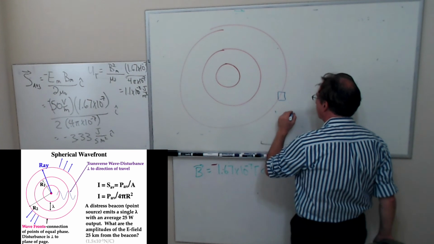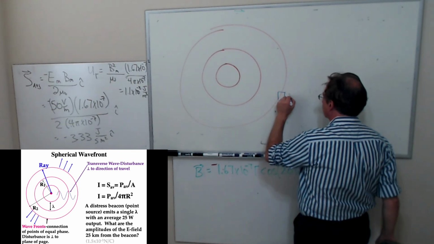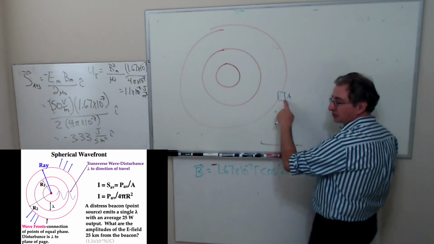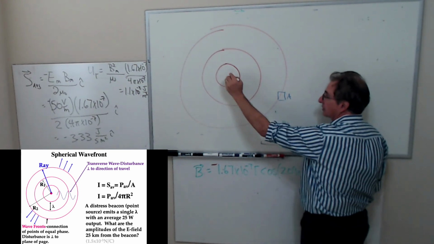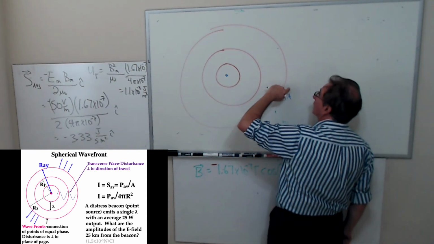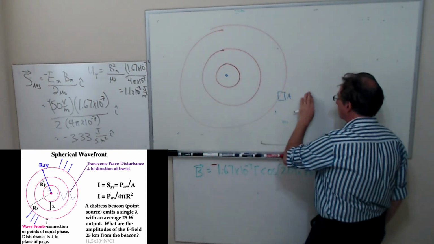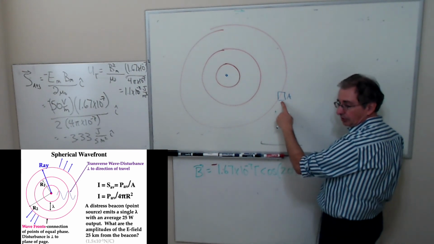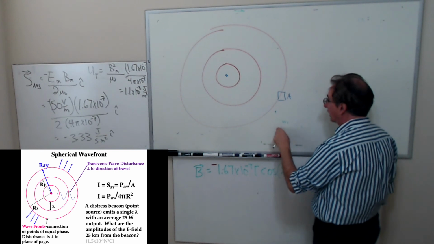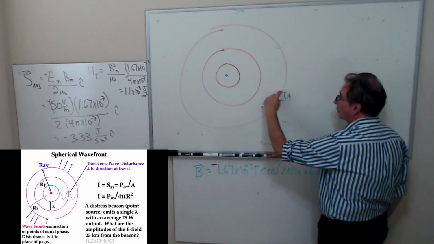The detector area is A, okay? And it's going to measure how much energy it collects from the source here. Well, it's not going to collect all the energy, right? It's going to only collect a certain portion of it. The amount of energy it's going to collect is basically the portion that's in here.